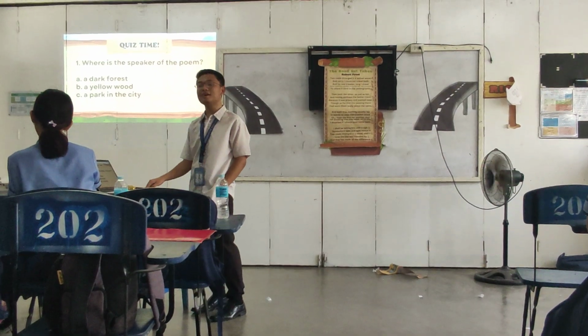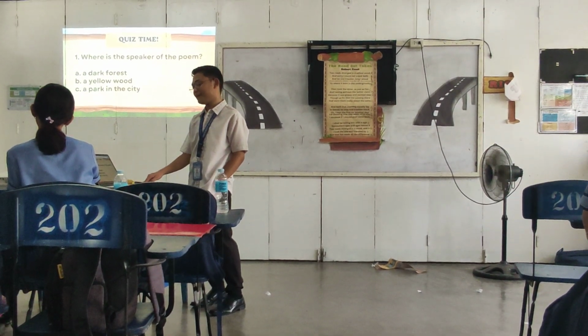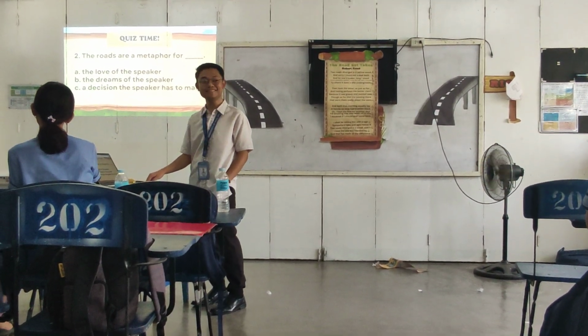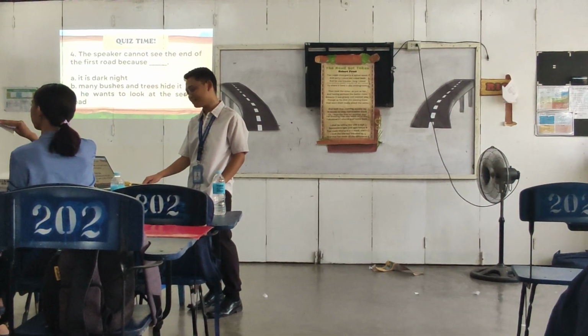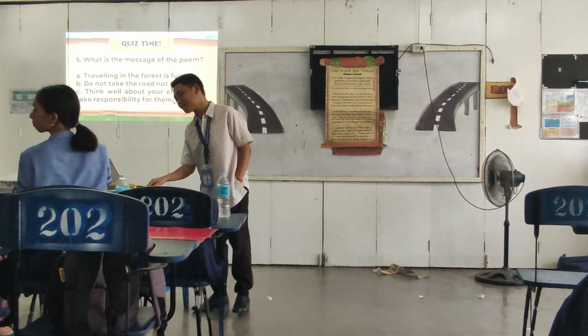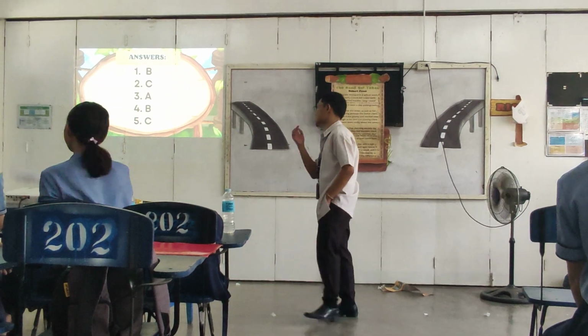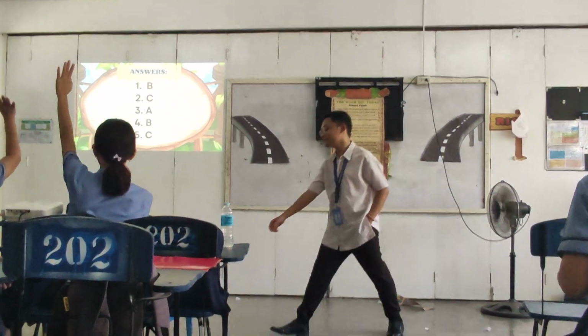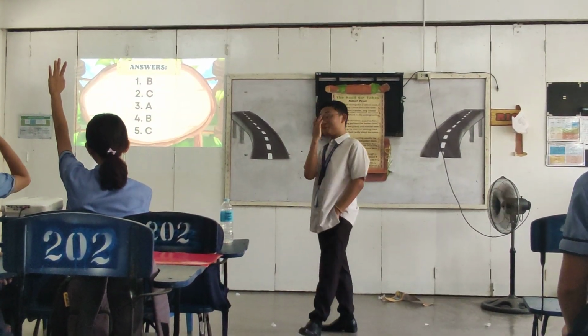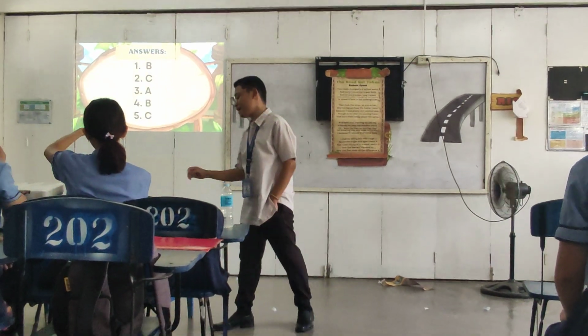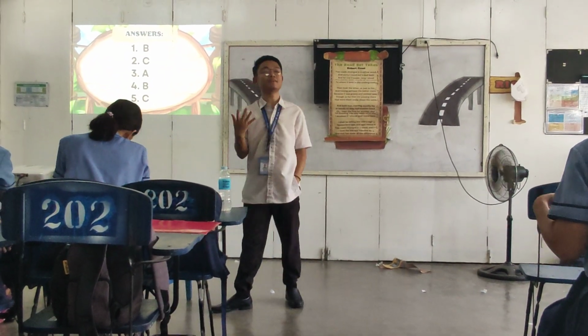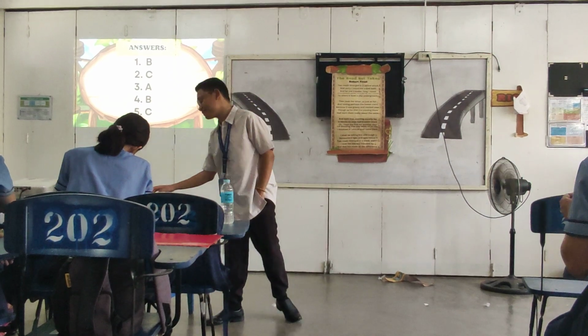Are you all done? Yes. Next. Done? Done. Yes. Alright. So let's check. Here are the answers. So who got 5? Me. It appears that the majority of you got a high score. So it seems that you really grasped our lesson for today.